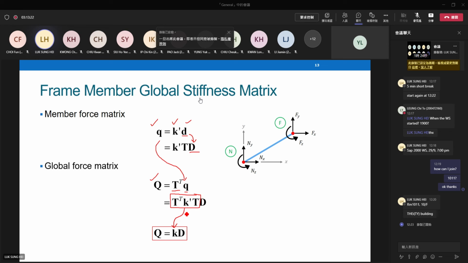Using the previous two transformation matrices and the member matrix of frame. If you have time, you can play with this matrix multiplication, but I can tell you it's quite difficult because each of them is a 6x6 matrix. You have to conduct three 6x6 matrix multiplications, which is not easy. So the textbook gives us the expressions.